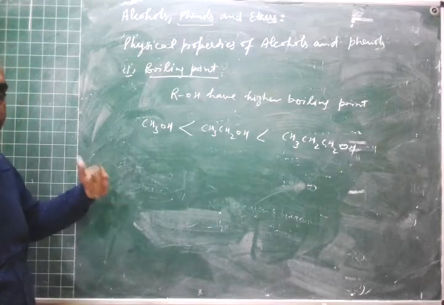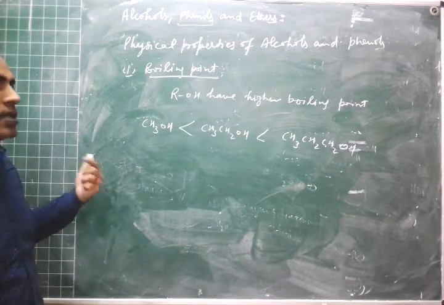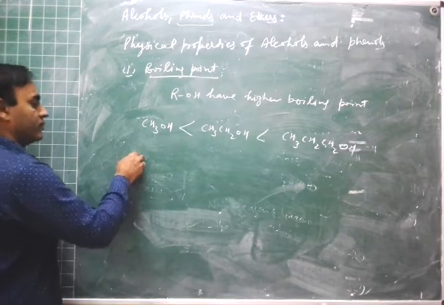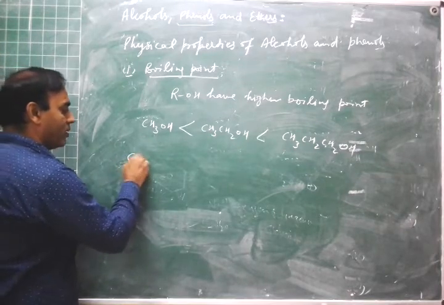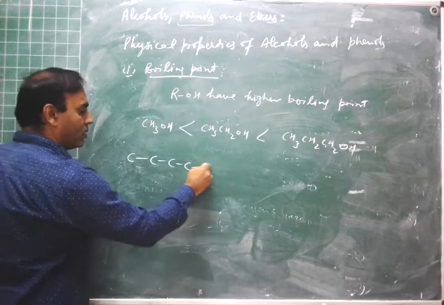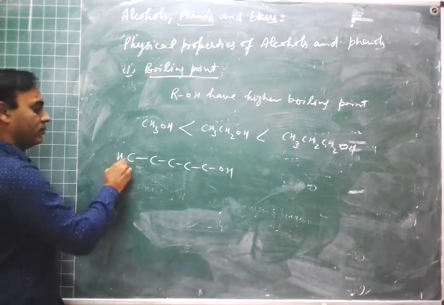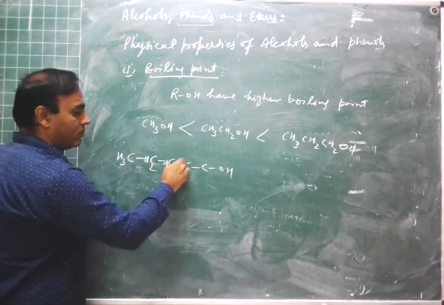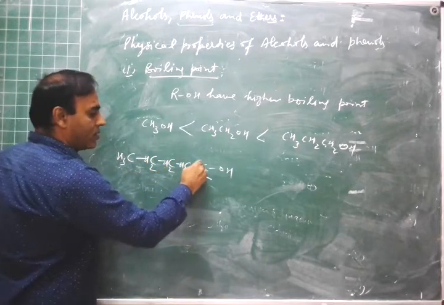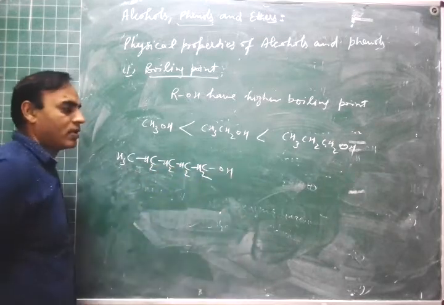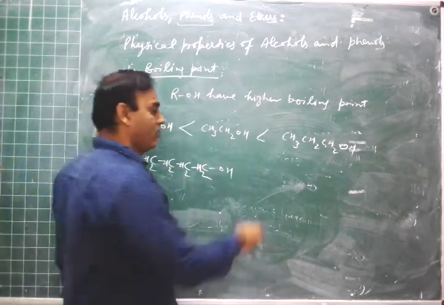Now if there is branching in the molecule, suppose now we will take isomers, right? So this is pentanol, CH3, CH2, CH2, CH2, CH2, OH. Now take the isomer of this pentanol.